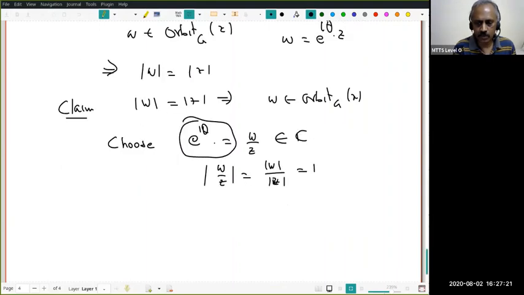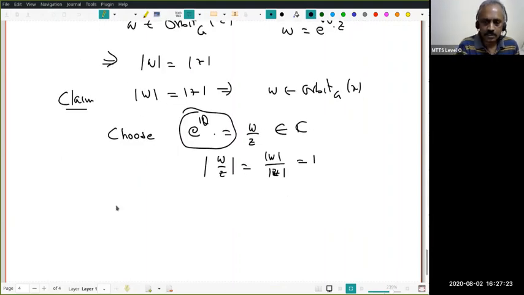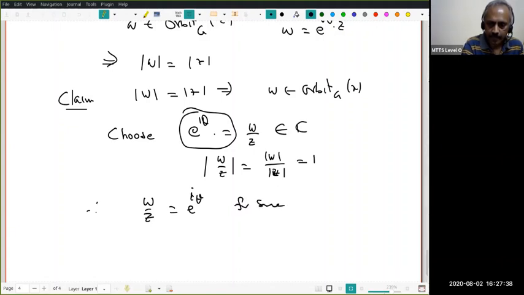But all of us know that if some complex number is of unit modulus, it is of the form e^{iθ}, right? Therefore, w by z is e^{iθ} for some θ. That means w is e^{iθ} times z.